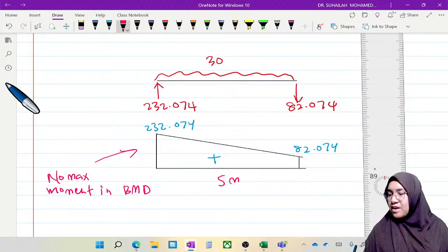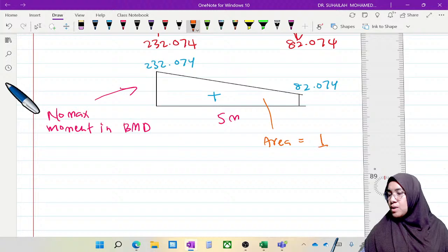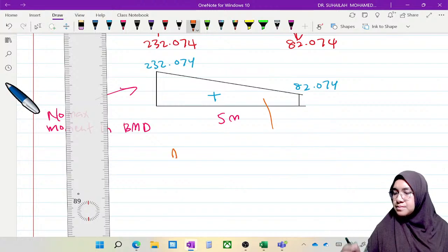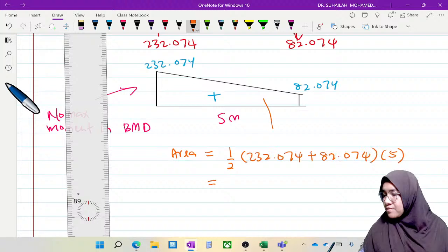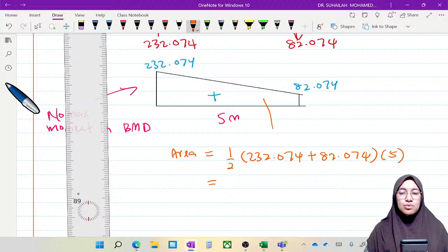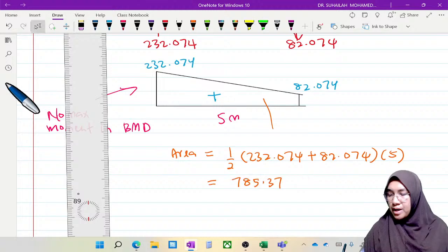Since this is 5 meters, the area of the shear force diagram is equal to 1/2 times 232.074 plus 82.074, times 5. So we get 785.37.